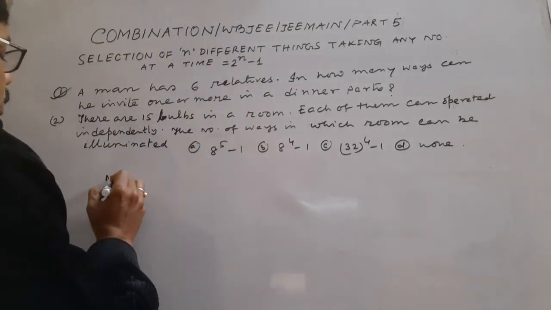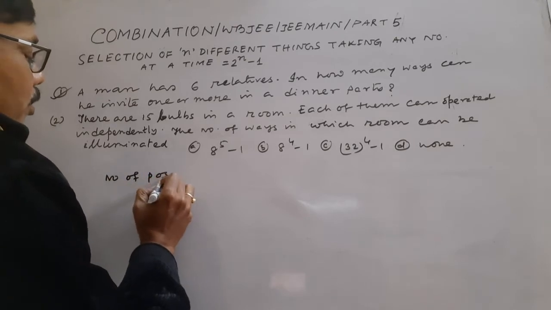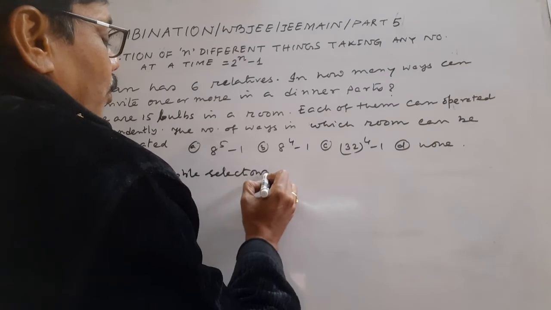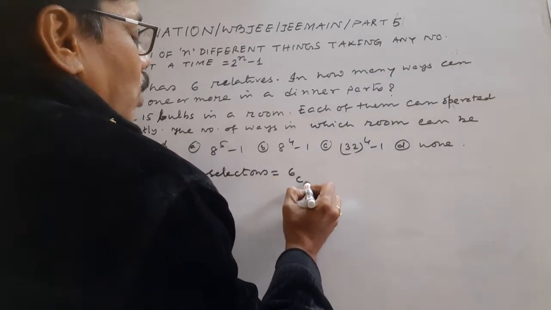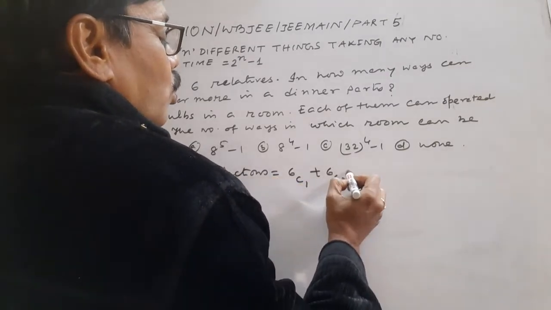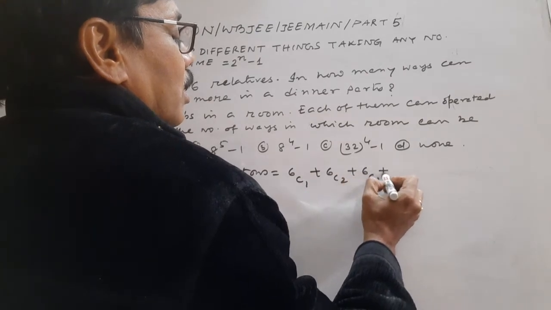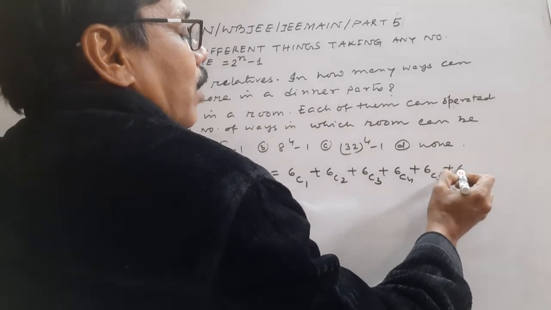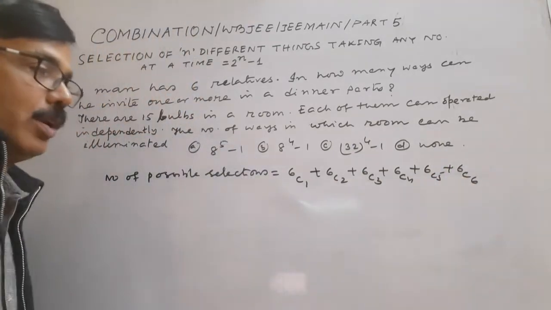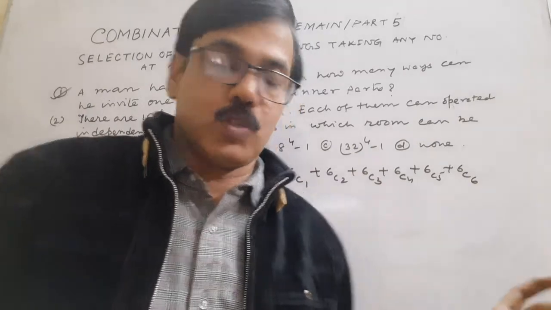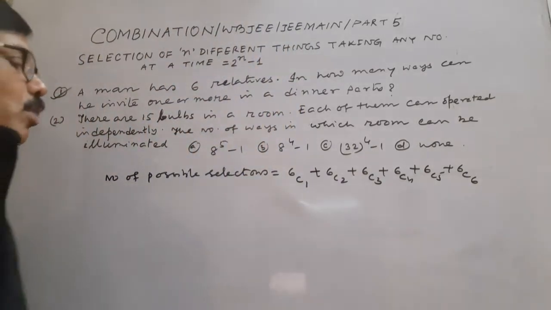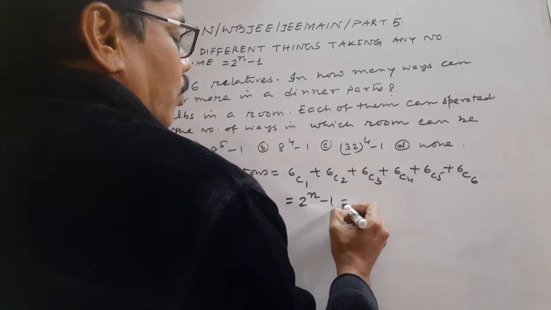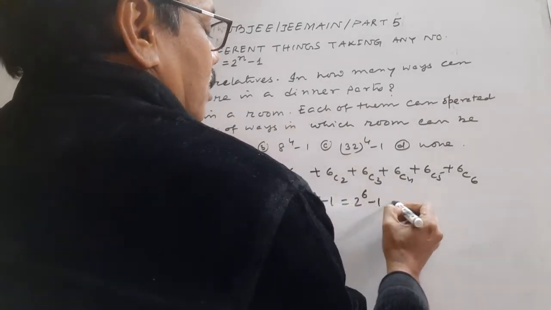So the number of possible selections equals 6C1, 6C2, 6C3, 6C4, 6C5, and finally 6C6. At least 1. So by the well-known result, this is 2 to the power n minus 1. So 2 to the power 6 minus 1.